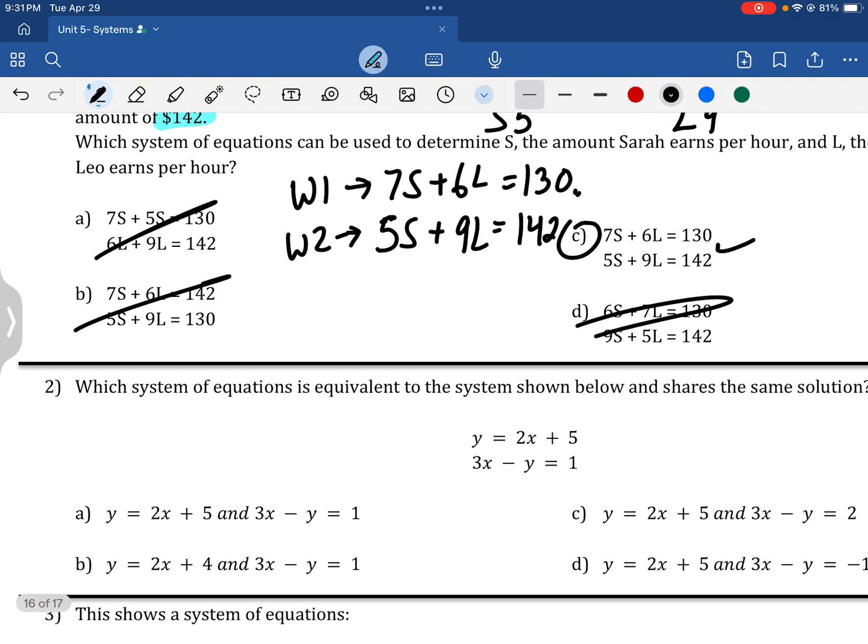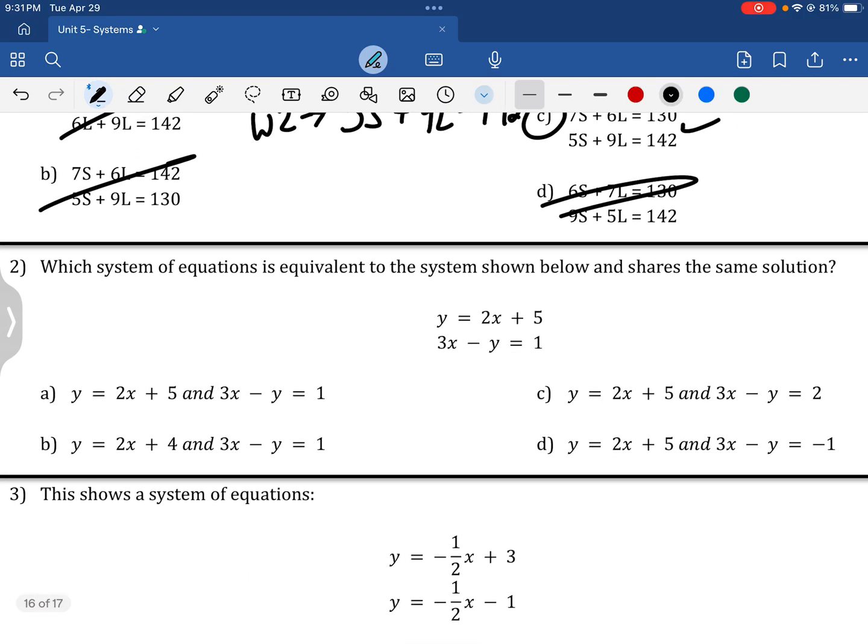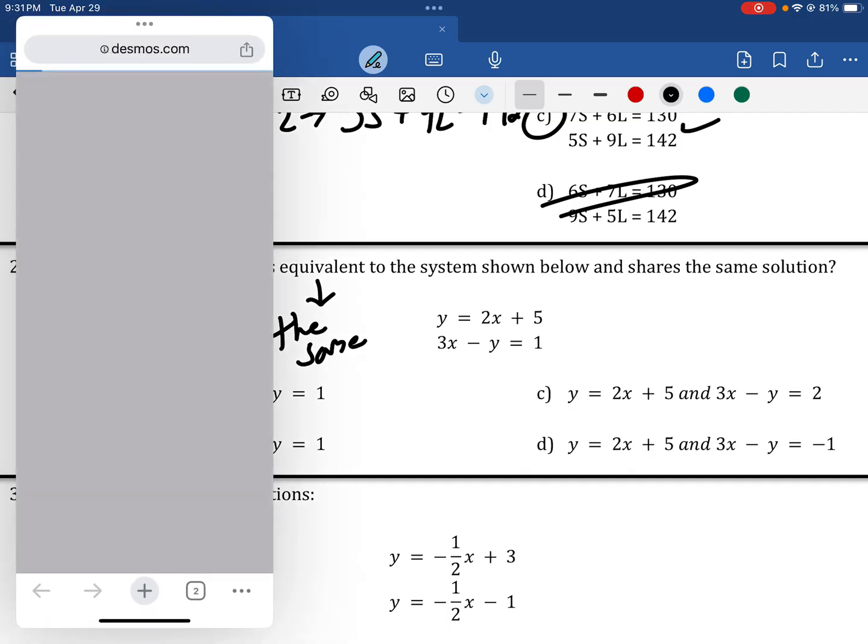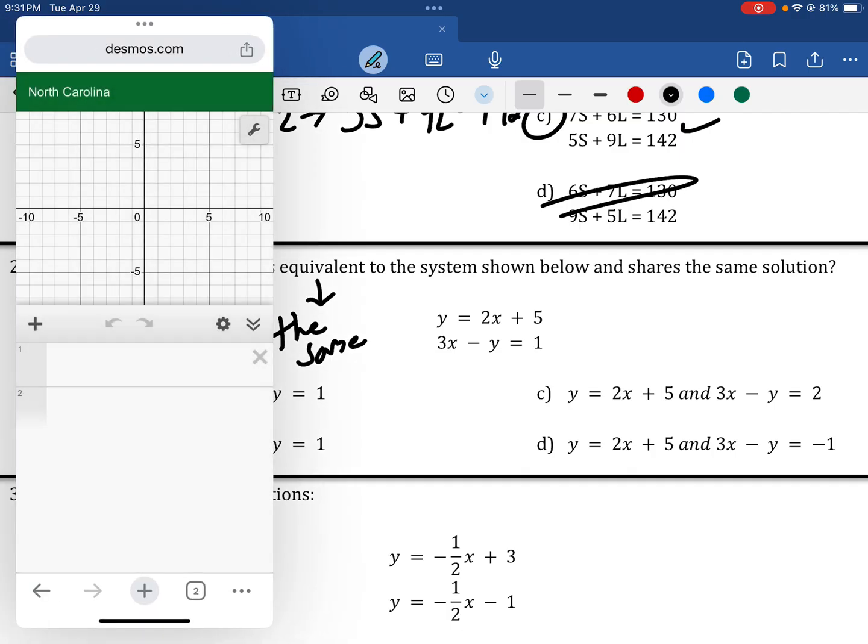Number 2 says which system of equations is equivalent to the system shown below and shares the same solution. Equivalent means the same. So what I'm going to do is just put these in Desmos and see which one matches up.